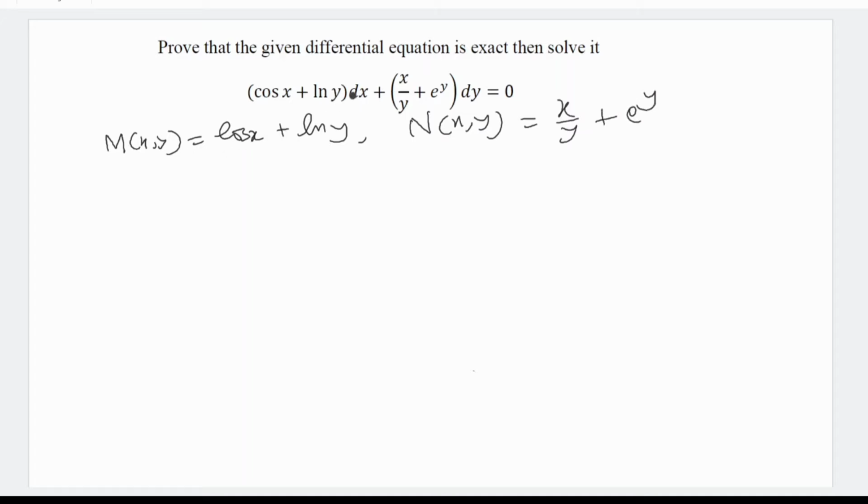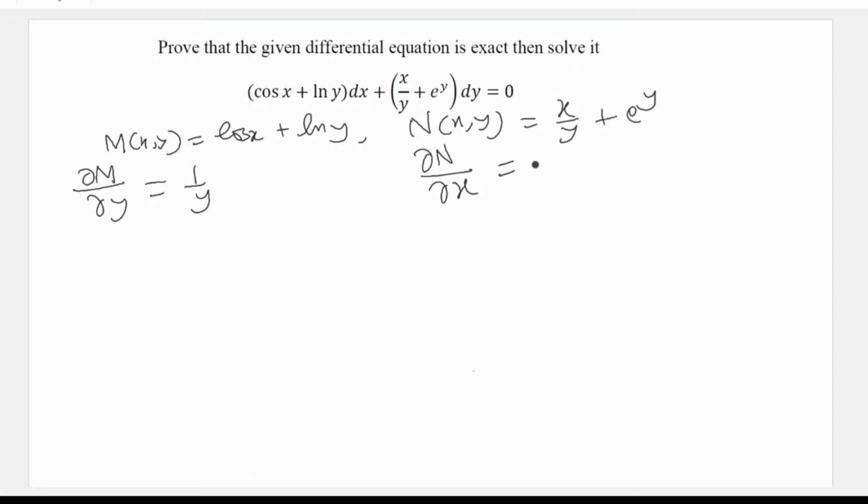Since it is the coefficient of dx, we find the partial derivative of M with respect to y. Here the answer is 1 by y, because in cos x we consider x as constant, so the derivative of cos x is 0. Similarly, we find the partial derivative of N with respect to x, considering y as constant.